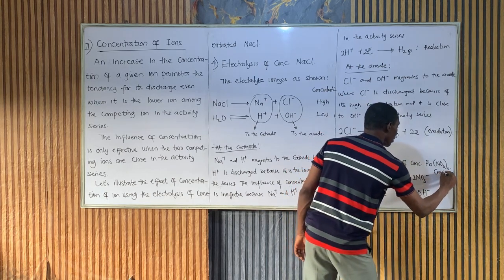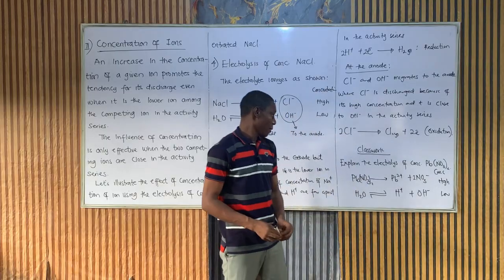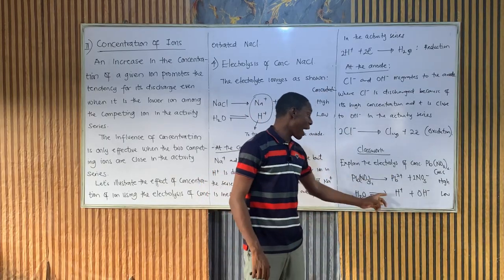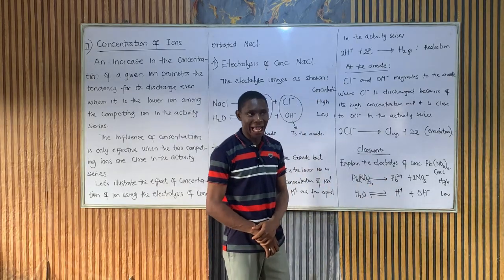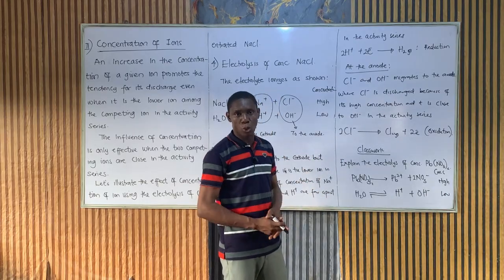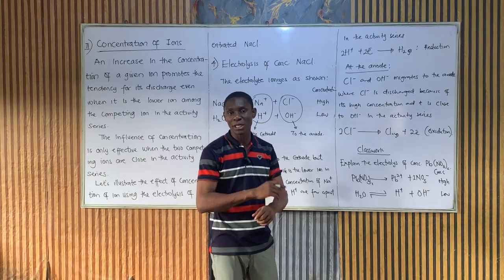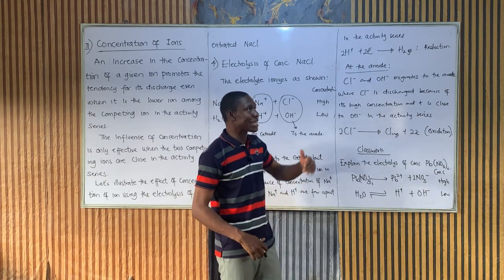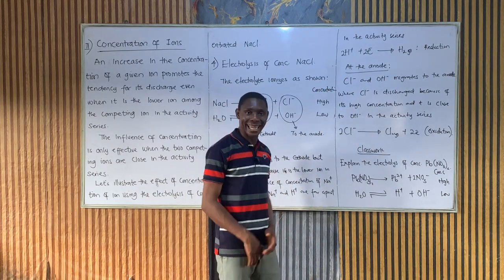Now concentration: this is high and this is low. Between lead and hydrogen, by effect of position, hydrogen should be discharged. But because the concentration of lead is high, and if you check the activity series, lead and hydrogen are close to one another, so lead is discharged due to its concentration and being close to hydrogen in the activity series. So you see that with this activity series, you have to memorize the order so you can tell.